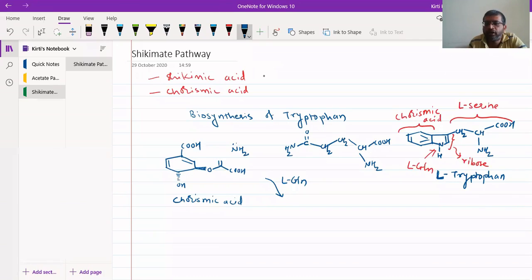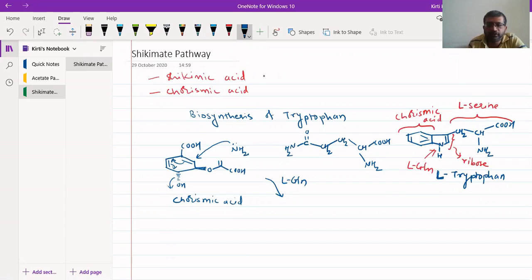So this amine group is donated, and here there will be hydrolysis of this amide bond, and a glutamic acid will be generated over here, and this amine group will be attacking on this particular carbon, and there will be loss of hydroxyl group.